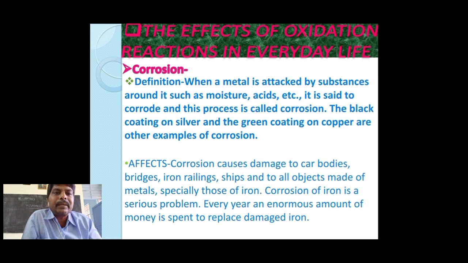What are the effects of corrosion? Corrosion causes damage to car bodies, bridges, iron railings, ships, and to all objects of metals, especially those of iron. Corrosion of iron is a serious problem. Every year, an enormous amount of money is spent to replace damaged iron, rusted iron.